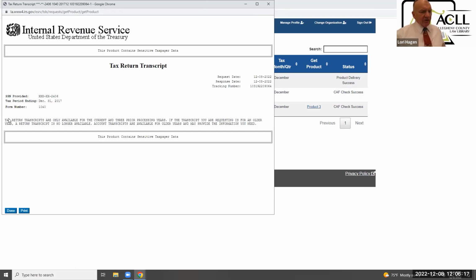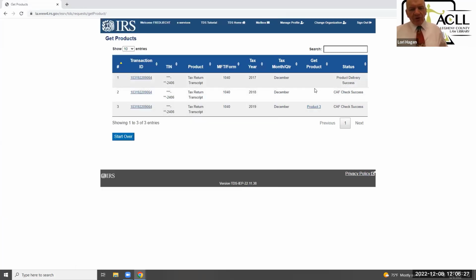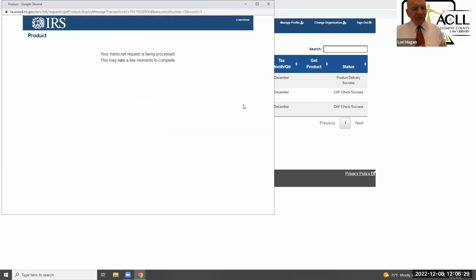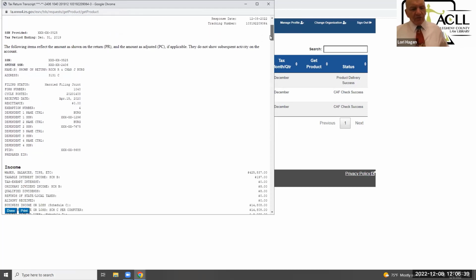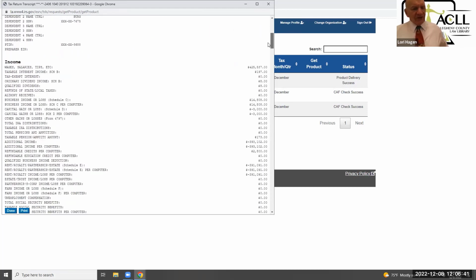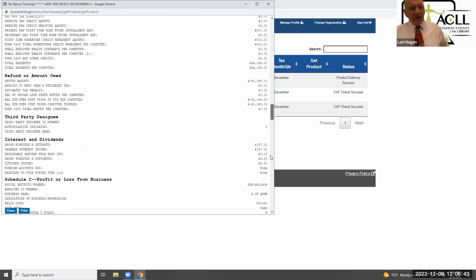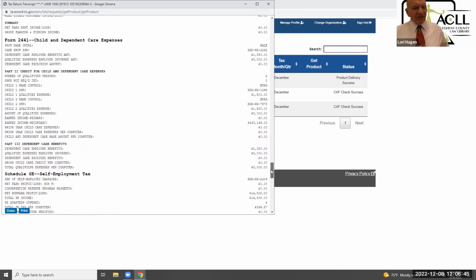You can see here, I can't get their tax return transcript because it was for year 2017. I'm going to go back over here and get the tax return transcript for tax year 2019, and you can see that I have access to all of the information filed on the return and the tax return transcript for this individual.